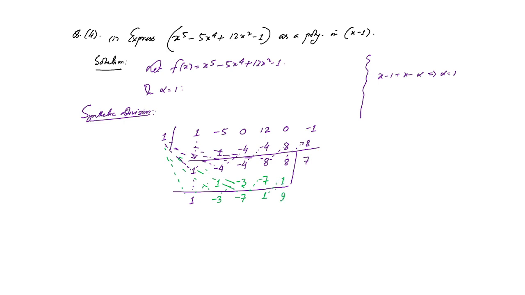This is 9. Again in a similar way you will solve this problem. So 1, this is minus 2, 1 minus 2, this is minus 9, and 1 minus 9, this will be minus 8.